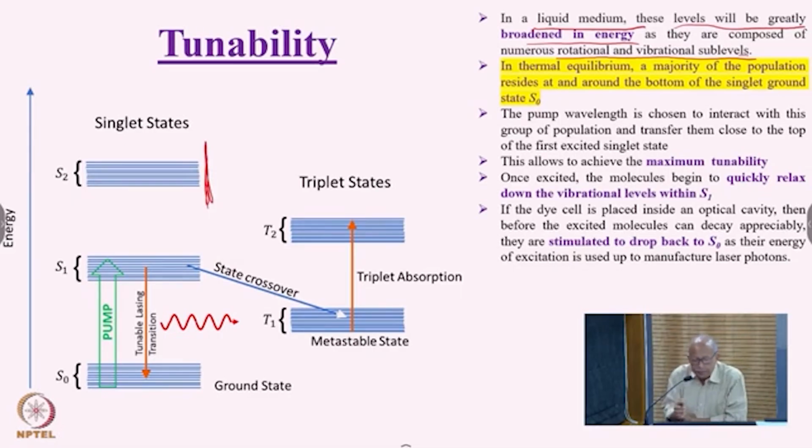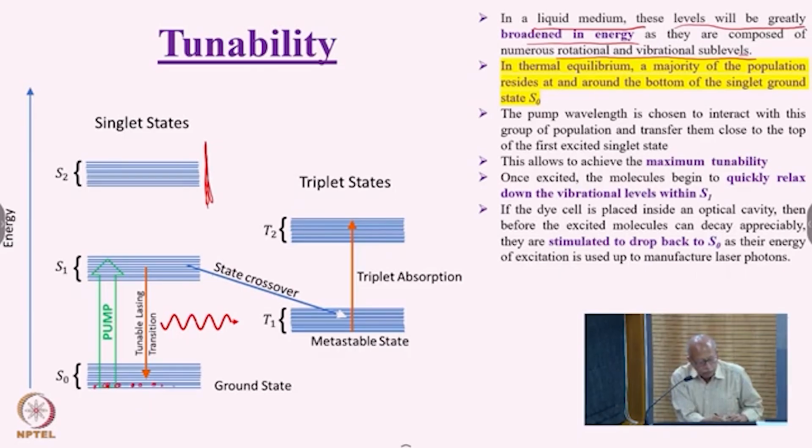Now, in the beginning, all the dye molecules will be residing in this state, and where? At the bottom of the singlet ground state, satisfying Boltzmann distribution at that temperature.